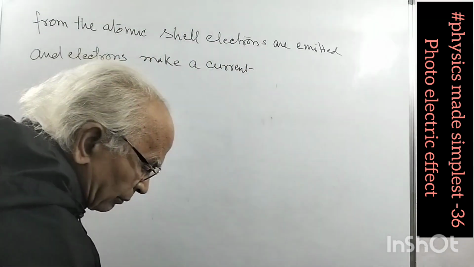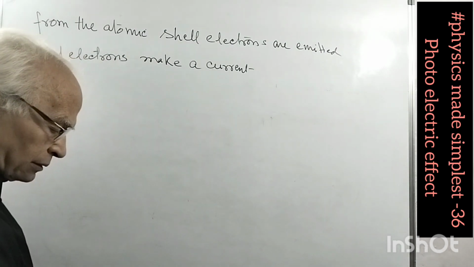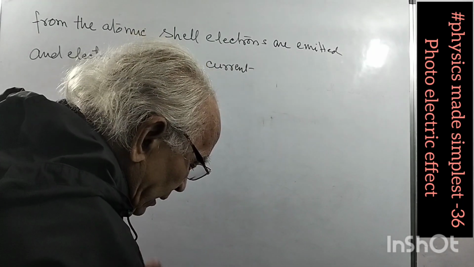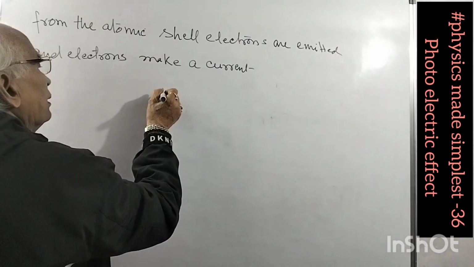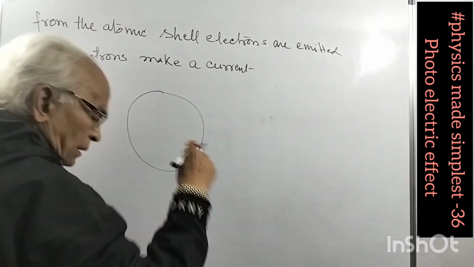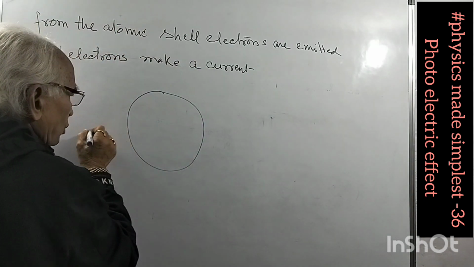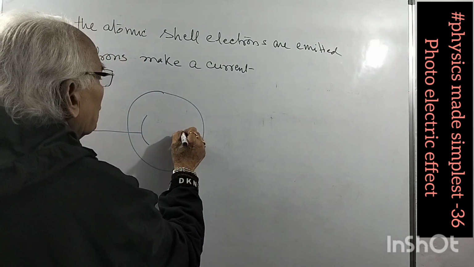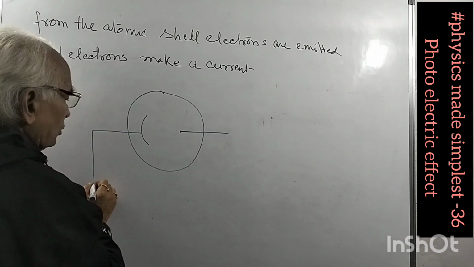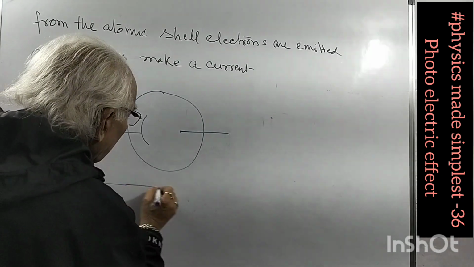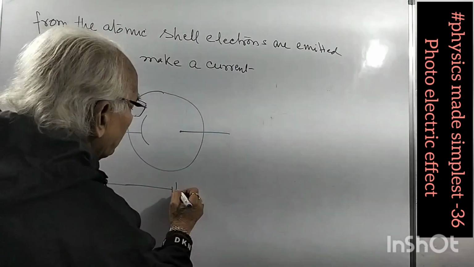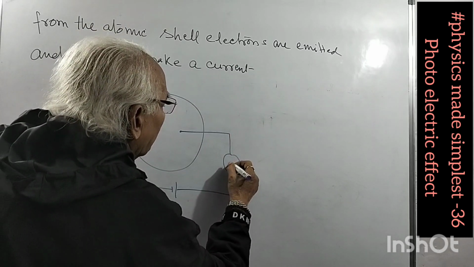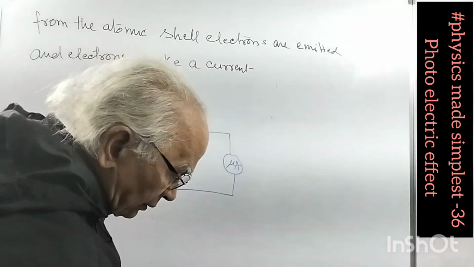You can represent this by a diagram. Say you have a closed vacuum tube with an electrode here and another electrode, anode and cathode, and a battery, a source of potential, and a microammeter connected.